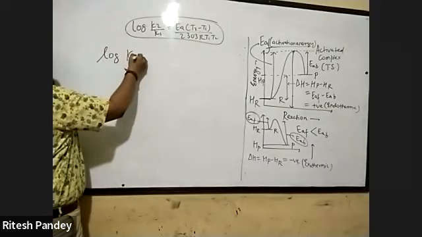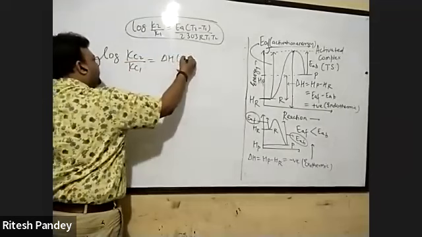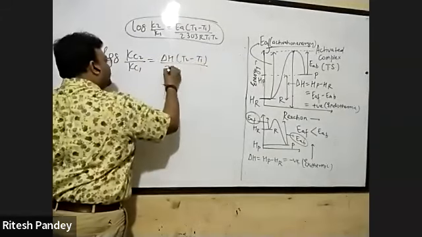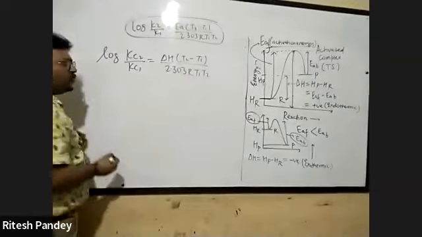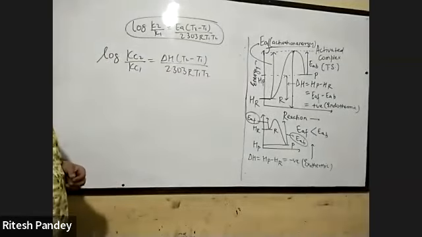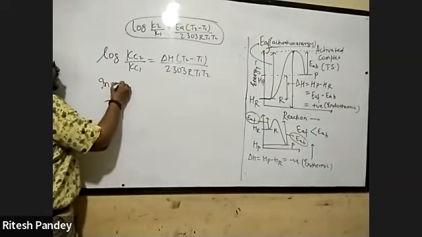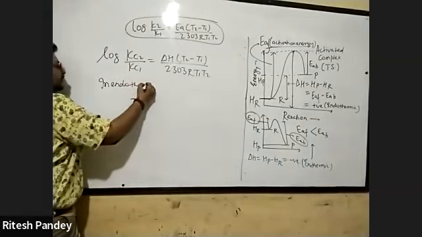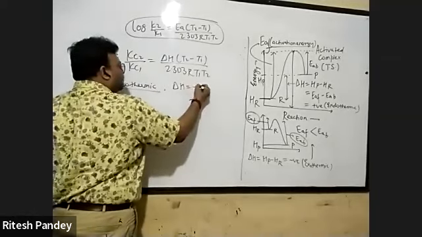You are directly told that Kc2 by Kc1 is equal to delta H (T2 minus T1) upon 2.303 R T1 T2. So this is pretty much keeping your requirement in mind. In class 11, you are told that in endothermic reactions, delta H is positive.